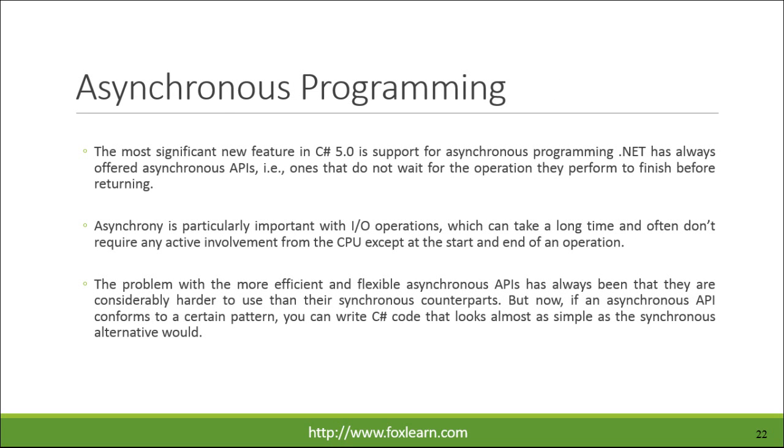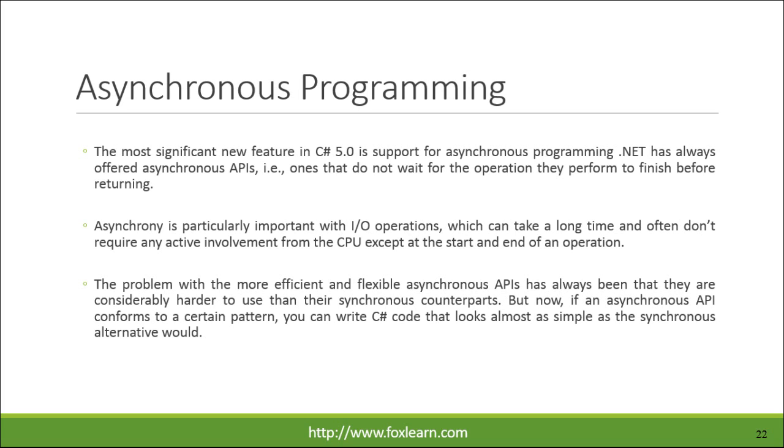The most significant new feature in C# 5.0 is support for asynchronous programming. .NET has always offered asynchronous APIs, i.e., ones that do not wait for the operation they perform to finish before returning. Asynchrony is particularly important with I/O operations, which can take a long time and often don't require any active involvement from the CPU except at the start and end of an operation.